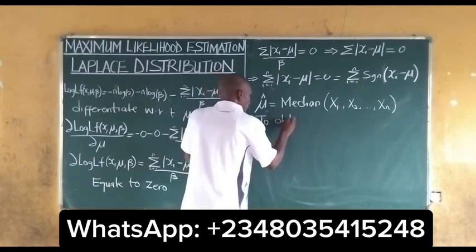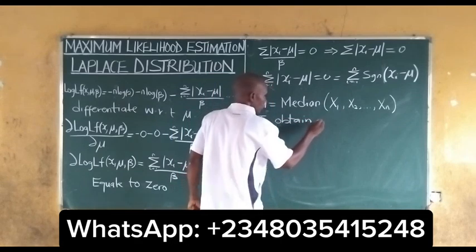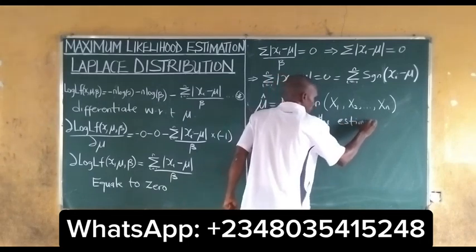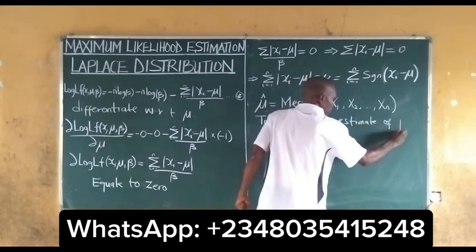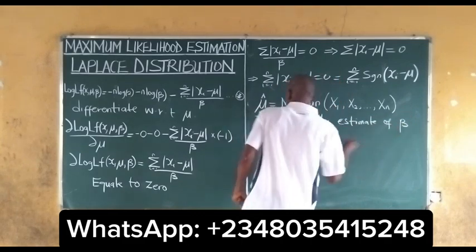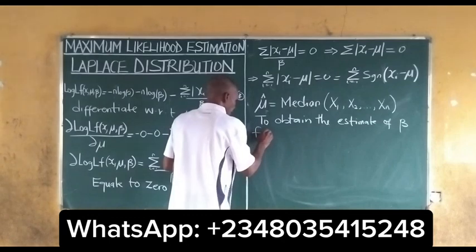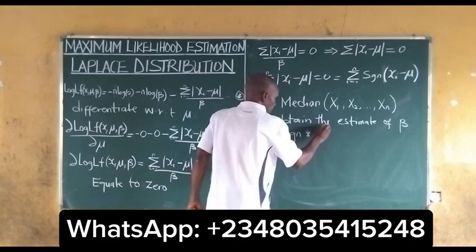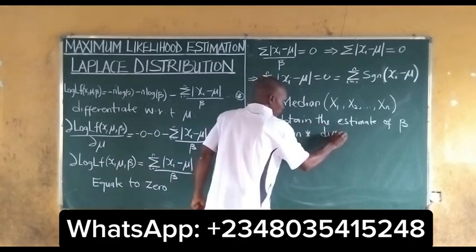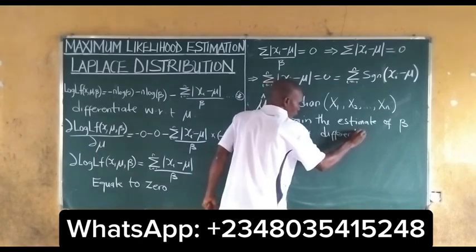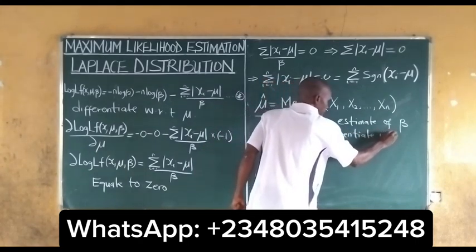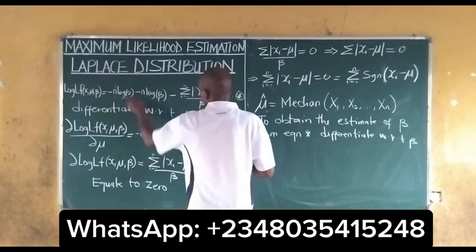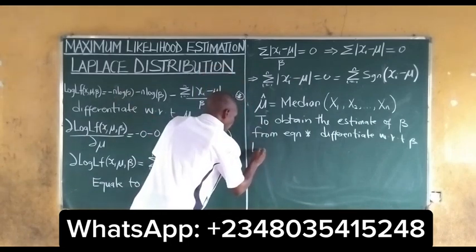To obtain the estimate of beta, we say from equation star, differentiate with respect to beta.